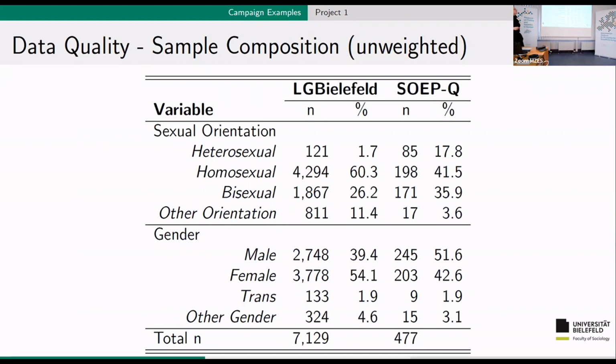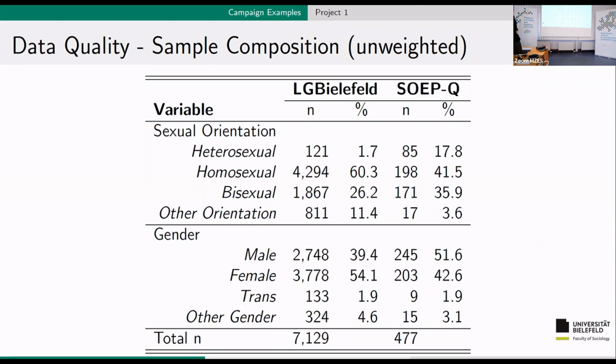Here we can see that with our online recruiting approach we were much more successful when it comes to specific target groups. For example, we were able to recruit a large number of people with a trans identity. In the end, it's 1.9% in both samples, but we got more than 7,000 people online in comparison to the SUB data.